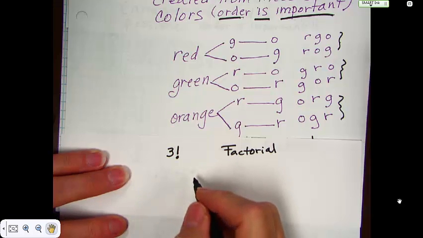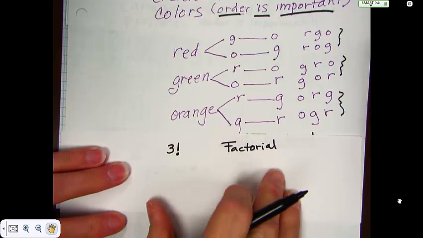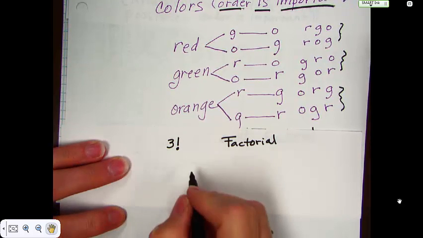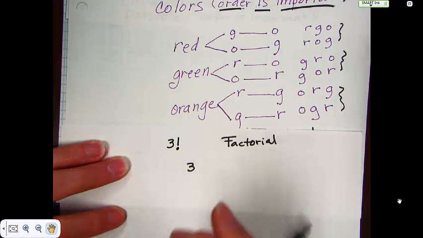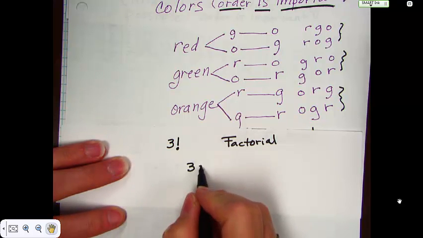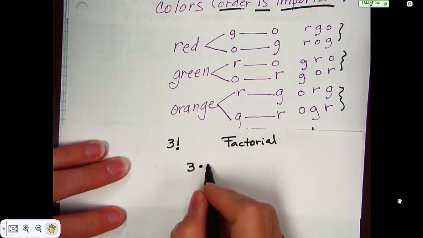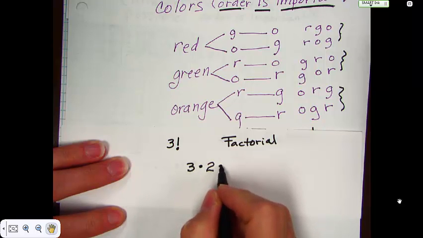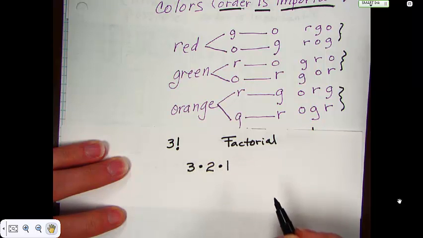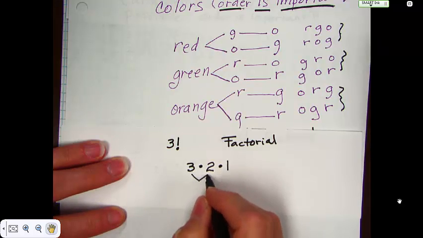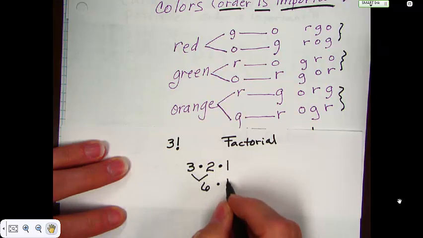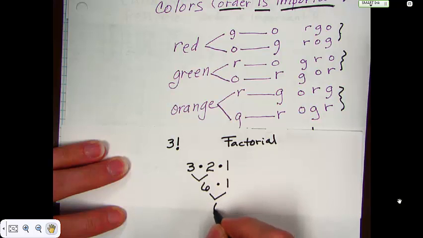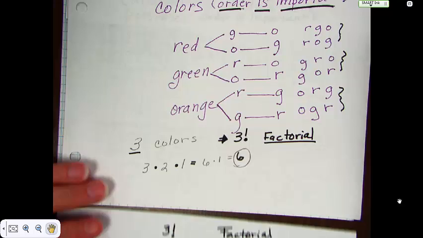Now, what do you do with that? Well, you do this. You take 3, because that's the number of items there are, and then you count down. Then you take 2 and 1. You multiply 3 times 2, which is 6, times 1. 6 times 1 is 6. And guess what? That was the answer, wasn't it?